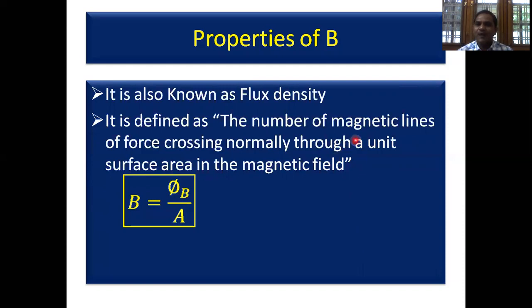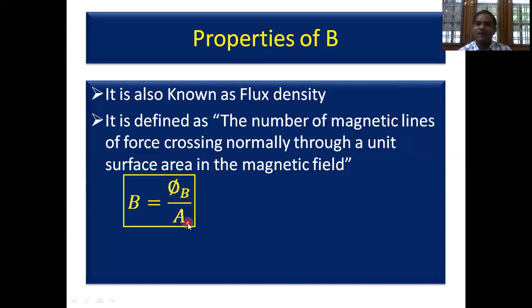The number of magnetic lines of force crossing normally through unit surface area in the magnetic field is called magnetic flux density. So we write flux density B equal to the total flux by the area of the given surface. What is the SI unit for flux?